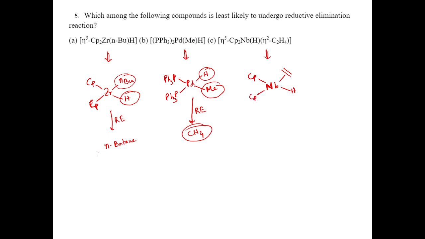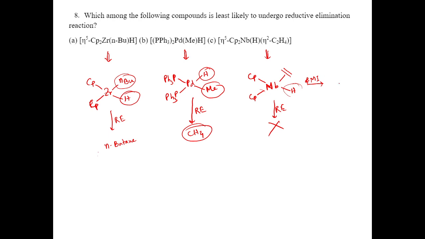In these two complexes, you see that here reductive elimination is not possible, right? It cannot react. This and this cannot go out. So reductive elimination is least possible in this case, but beta migratory insertion can occur.